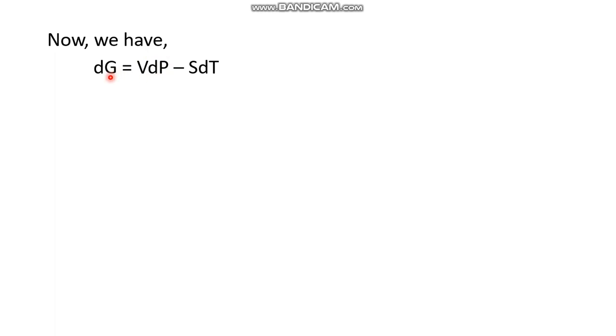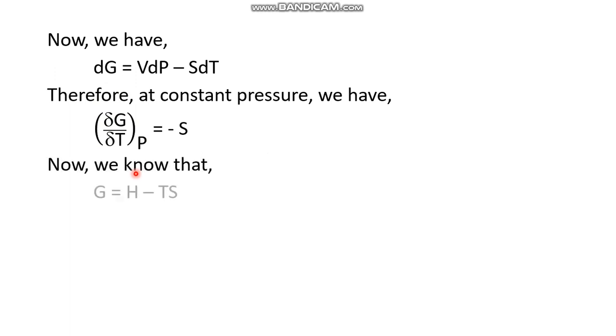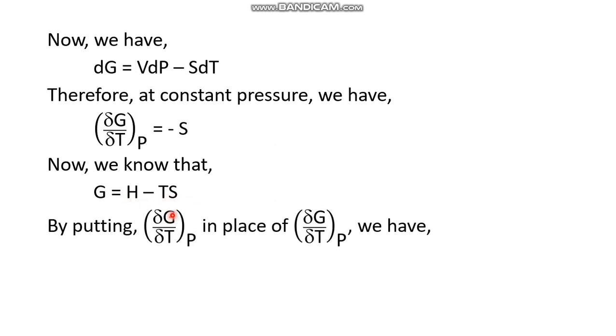It would become del G by del T at constant P equals minus S, and this minus S should be replaced by that partial differentiation term in the definition of G, which is H minus TS. So this is actually H plus T into minus S. So in place of minus S we are putting del G del T at P, and thus we get the second expression of the Gibbs-Helmholtz equation, G equals H plus T into del G del T at P.